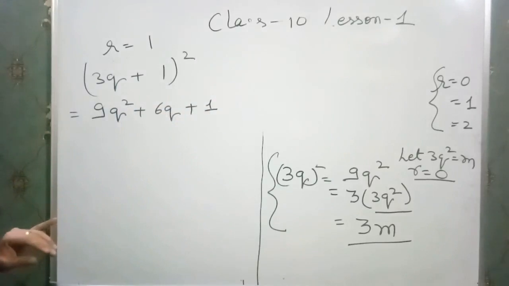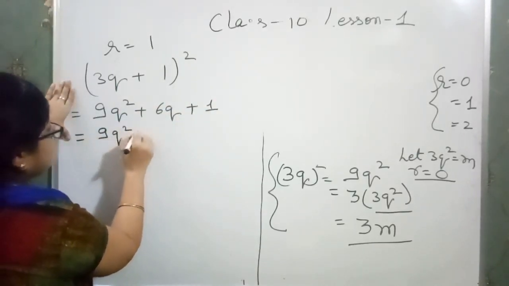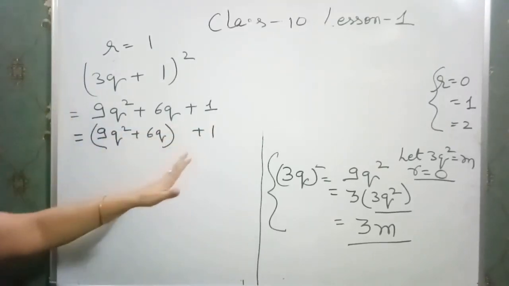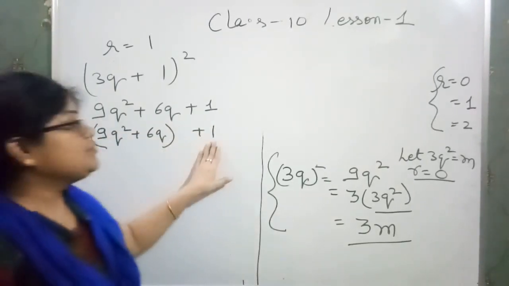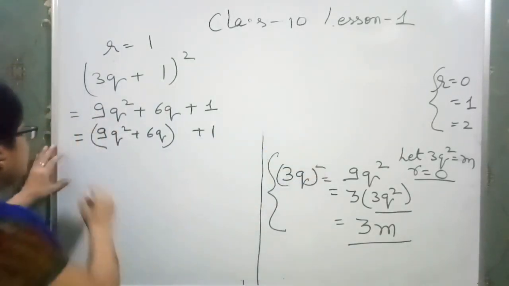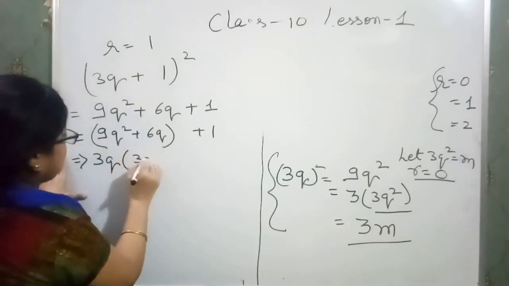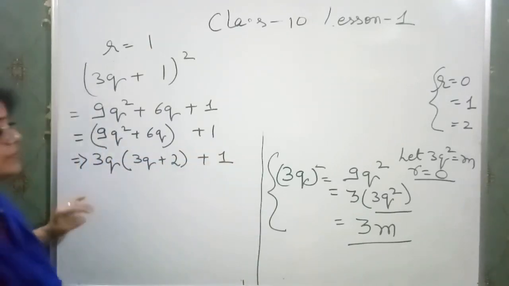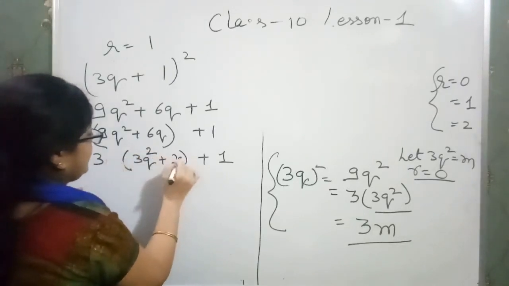Okay. So we take 9q squared plus 6q in one bracket, and the digit which doesn't have any variable we take outside. Now we have 3q common and we have 3q plus 2, plus 1. Clear?